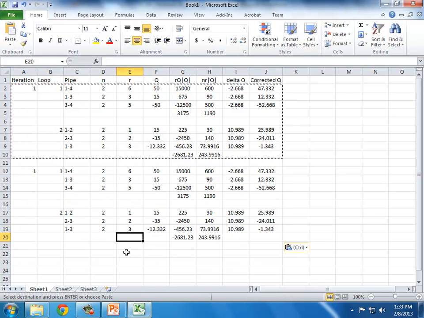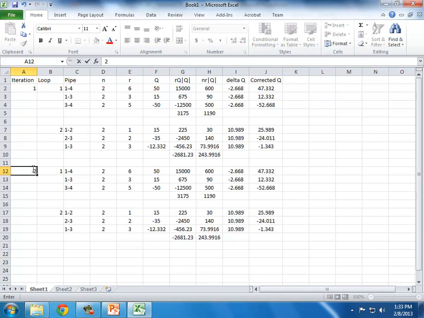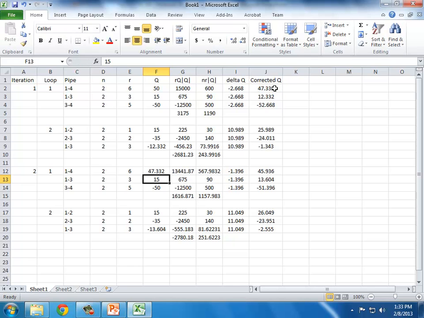All right, and I want to change a few things. First of all, this is iteration 2. And this flow rate, I don't want it to be my initial guess because, remember, the principle is use the most recent flow rate. So for pipe 1.4, I know that the most recent flow rate is this flow rate. And for pipe 1.3, I can just use this one, right?